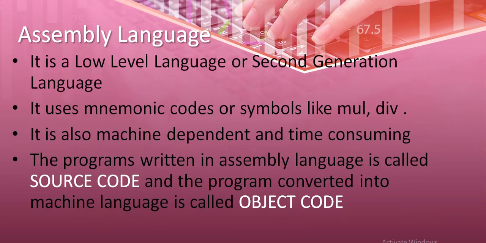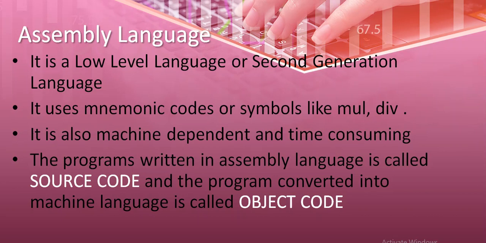Next we will learn about assembly language. It is a low level language or second generation language. It uses mnemonic codes or symbols like MUL, DIV. Small codes are known as mnemonic codes. It is also machine dependent and time consuming.